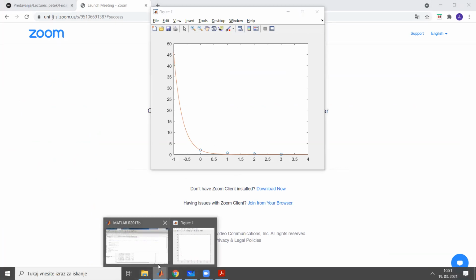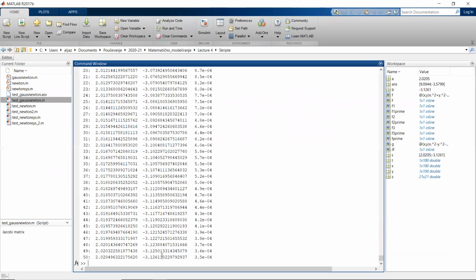How about the convergence? Yeah, now the convergence is already better. After 50 steps, the relative difference is 10 to the power of minus 4. So to improve this further, we could start another Gauss-Newton method with this as an initial approximate.